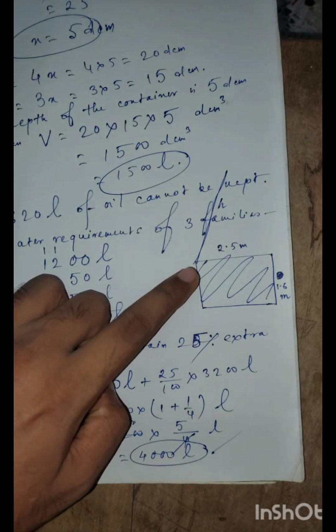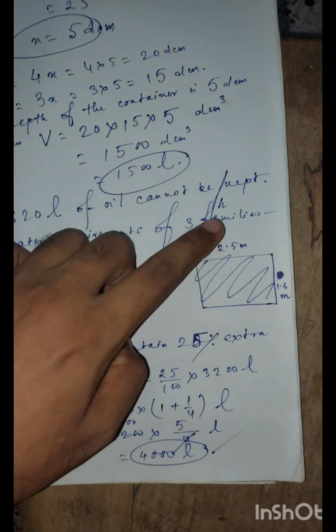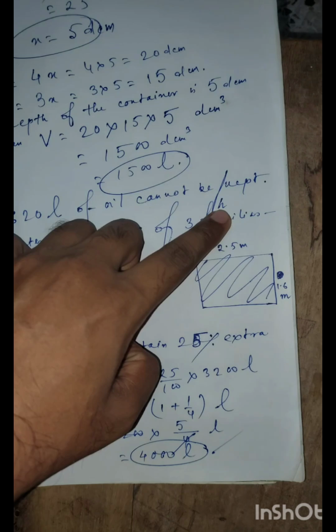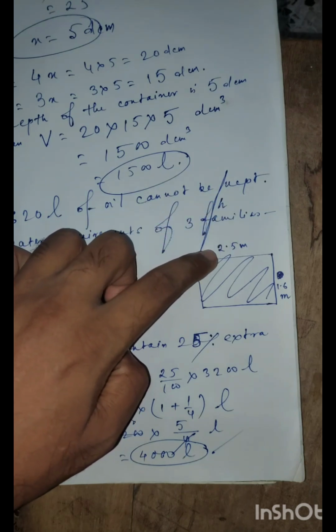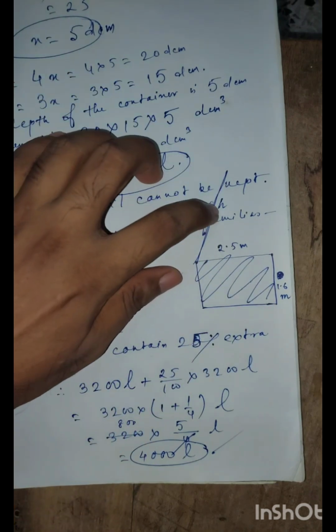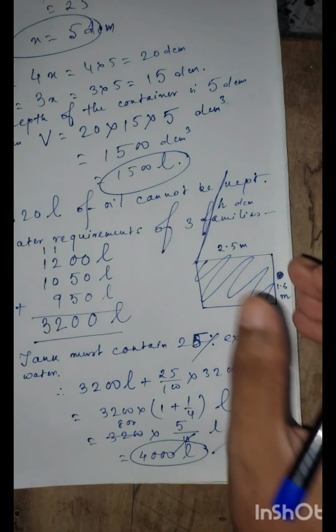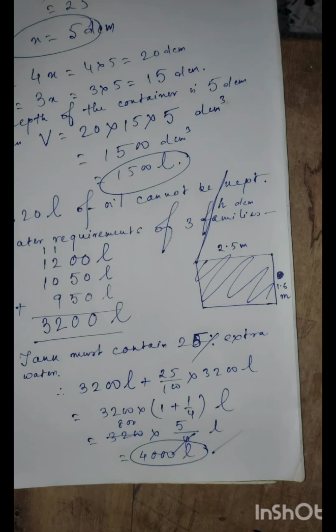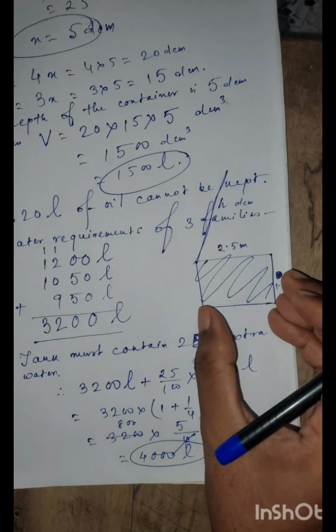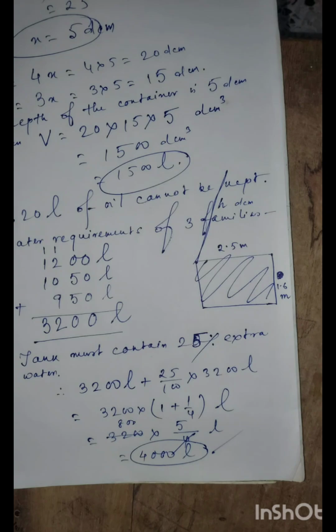So the volume of this water tank, having length 2.5 meter, breadth 1.6 meter and height h, must accommodate this much of water. So these two volumes are equal.